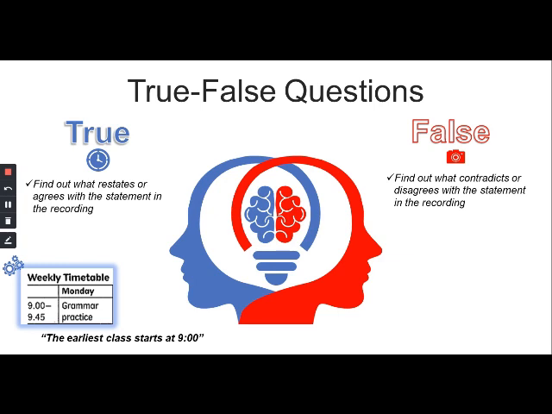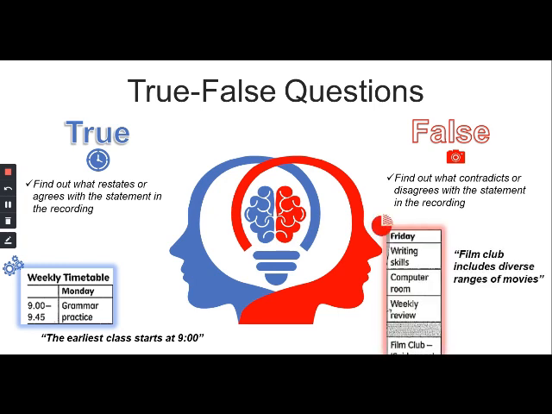Nah, untuk statementnya dia sifatnya false, dia kebanyakan contradicts or disagrees with the statement. Jadi dia menyangkal atau tidak sepaham dengan apa yang disebutkan di recording. For example, this one. Well, actually in the table, it's written Film Club Spider-Man. Hanya satu film yang disebutkan di situ, Spider-Man.